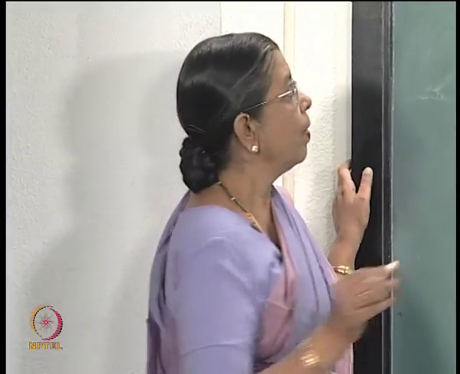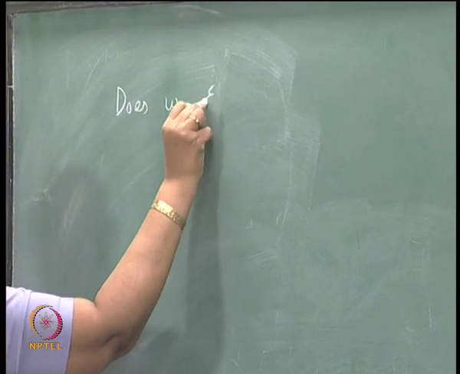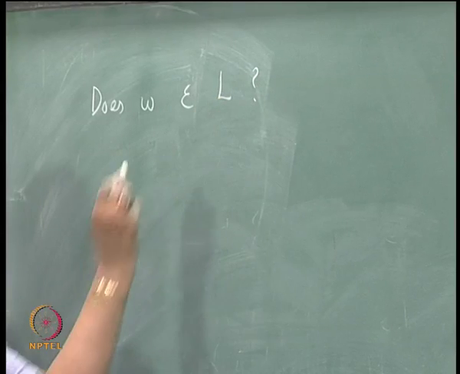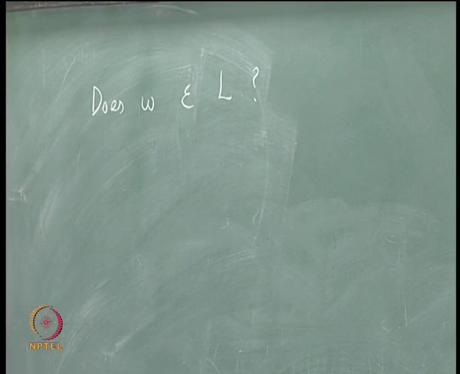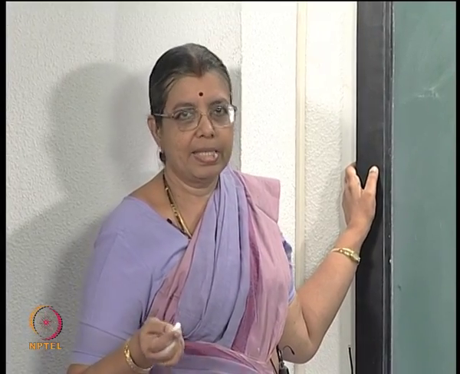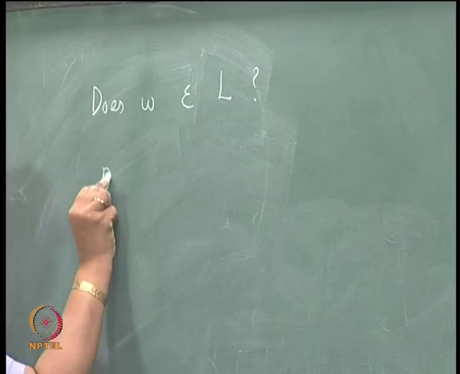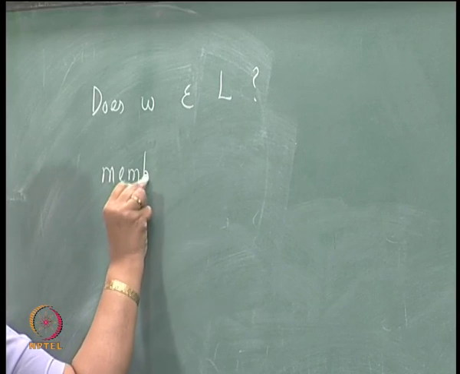Okay. So, does W belong to L, or given a type 0 grammar, will it generate a string W? That is an undecidable problem. That is called the membership problem.